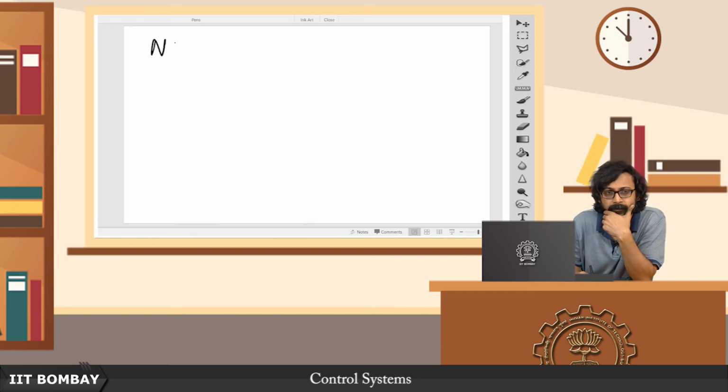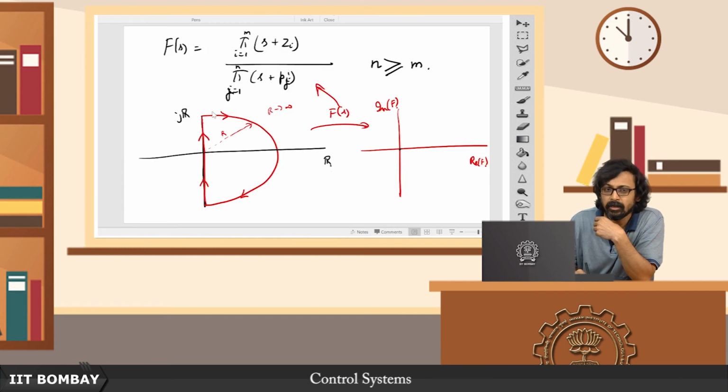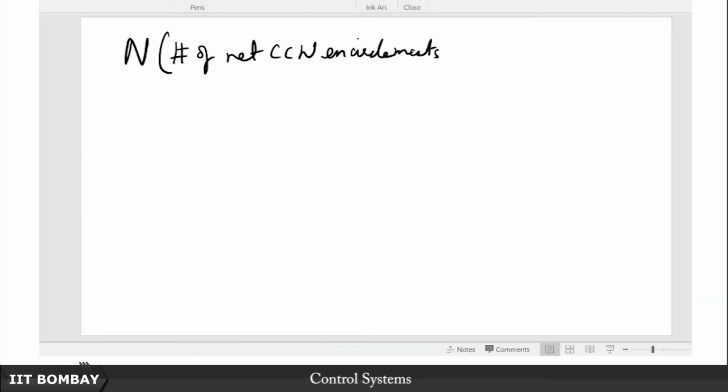So N, that is the number of net counterclockwise... I am not going to talk about this repeatedly, like what the contour in the Argand plane looks like. You already understand it is this D taken in the clockwise sense. At the heart of Nyquist is, every time you encounter a Nyquist, you understand implicitly that the contour in the Nyquist plane, the Argand plane, is going to be this D in the clockwise sense.